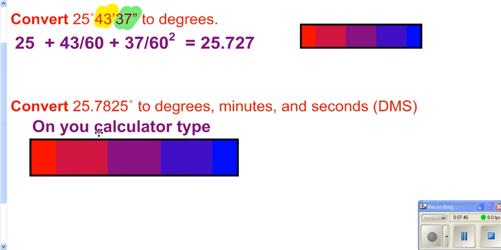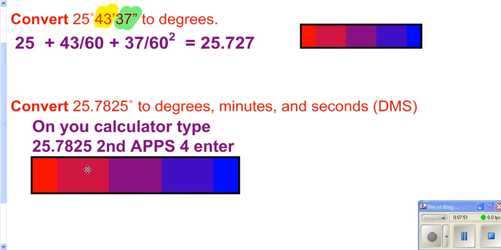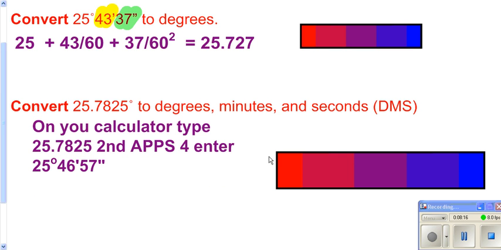Once it's in the degree mode, you want to go ahead and type in your angle, then hit the second button, then hit your apps button, then select number 4. That's your DMS button. It will change it from degrees into degrees, minutes, and seconds. After you have selected number 4, then you hit enter, and then it gives you this.